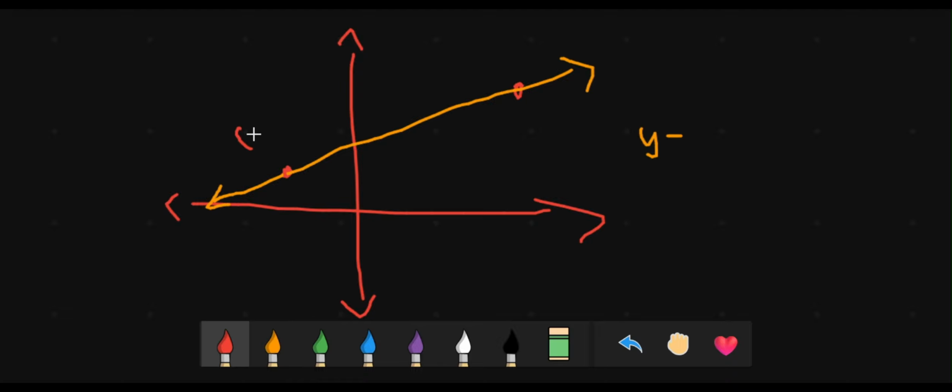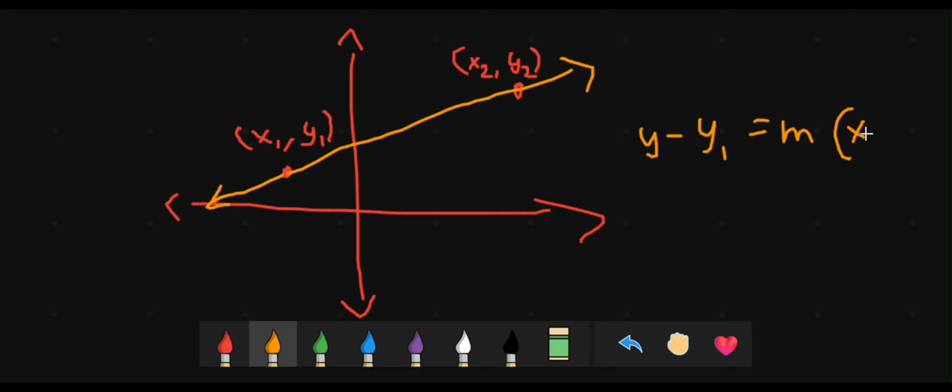Just say this one is x1, y1, and say this one is x2, y2. And so y minus y1 equals m times x minus x1, where m is the slope.